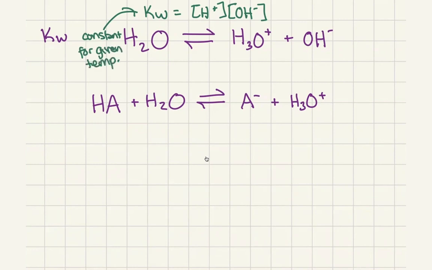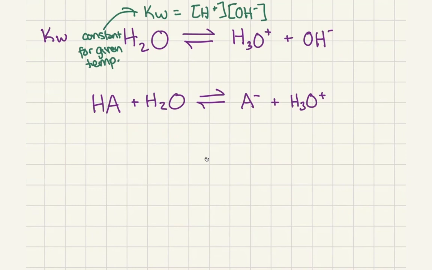Since it's a constant, it means that our H plus times our OH minus has to be constant as well. So if one of them increases, the other one has to decrease. And if one of them decreases, the other one has to increase. Now, the H plus can increase because you have an acid interacting with water to give you a proton. The OH minus can increase because you have a base interacting with the water to give you that hydroxide ion, which then will disrupt the balance, leading to an increase in your proton concentration.